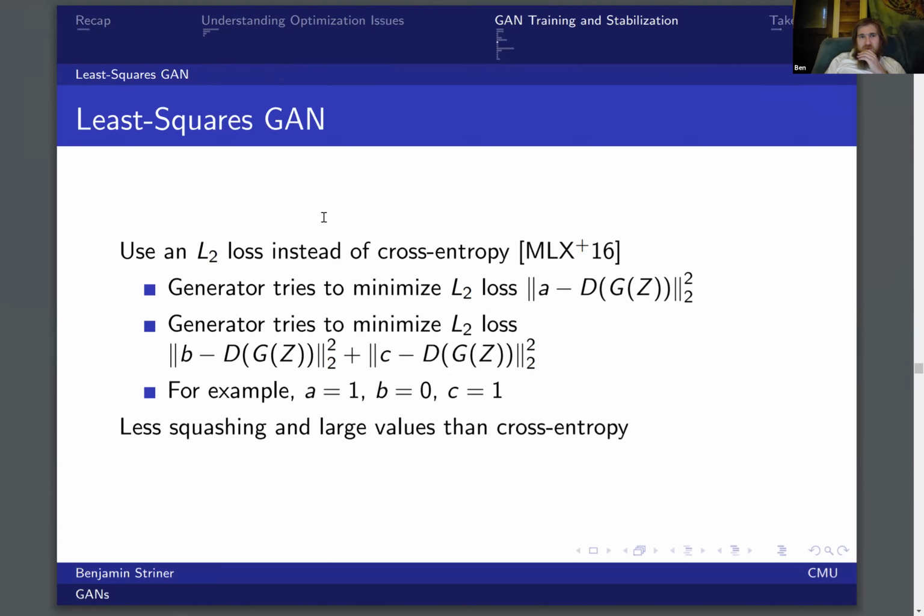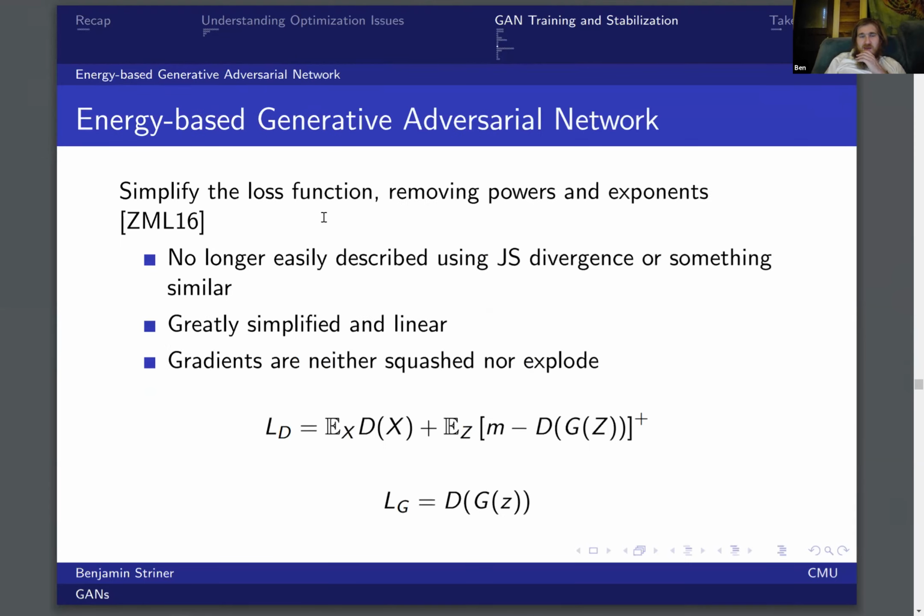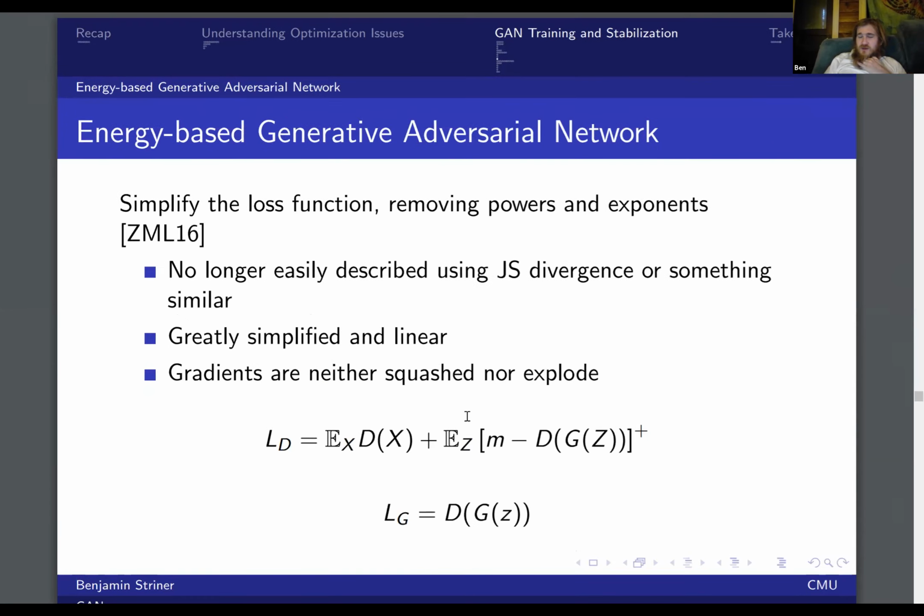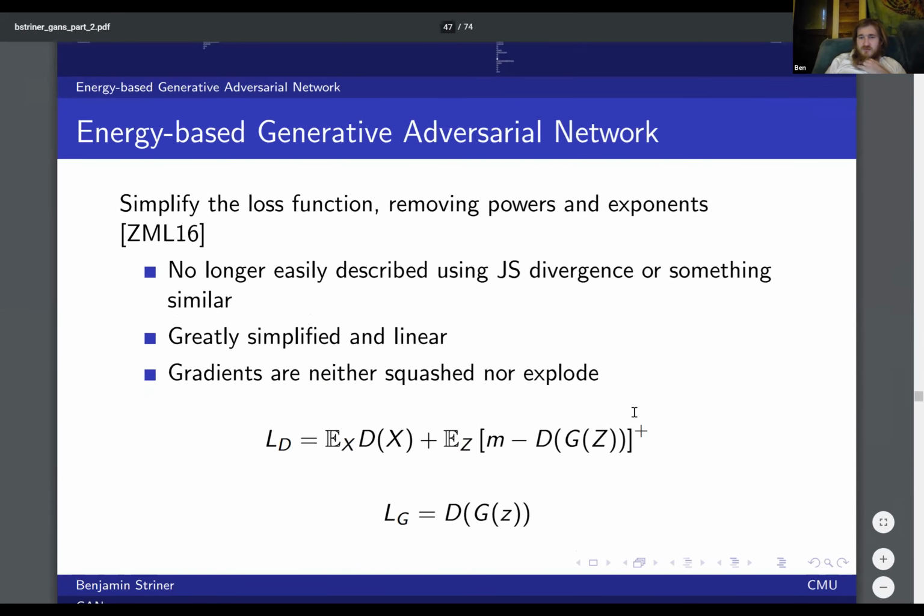But so the energy-based adversarial network, this is removing the log losses that are in the original formulation. The loss function is just linear, basically. So it's a linear loss function.